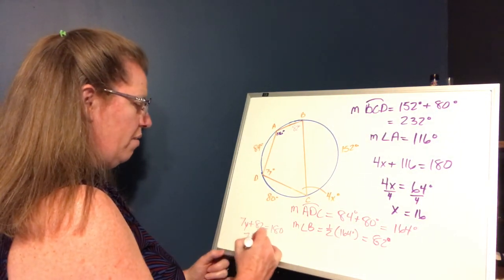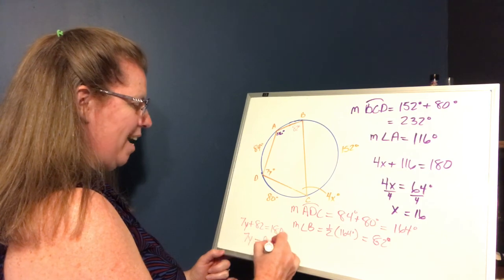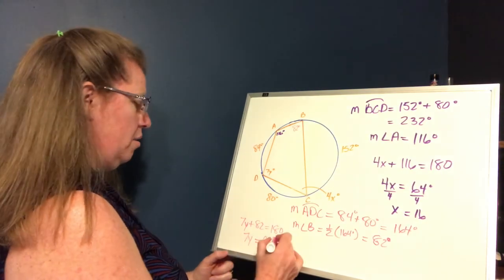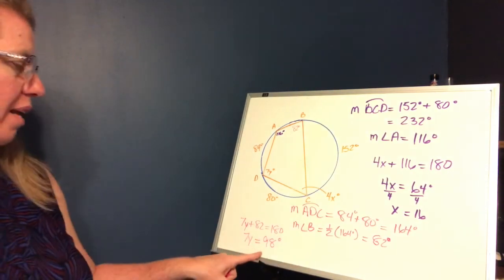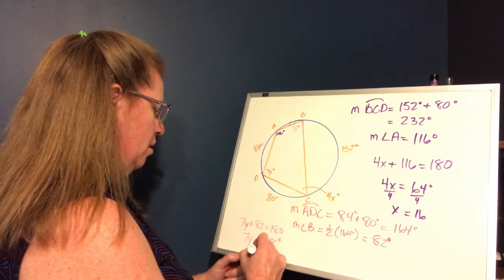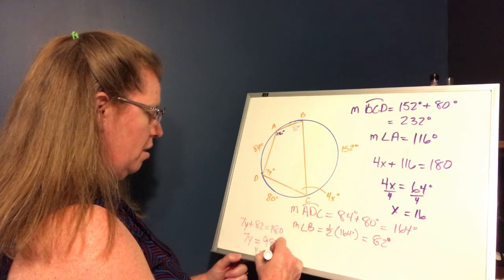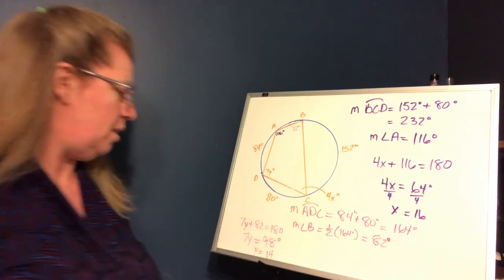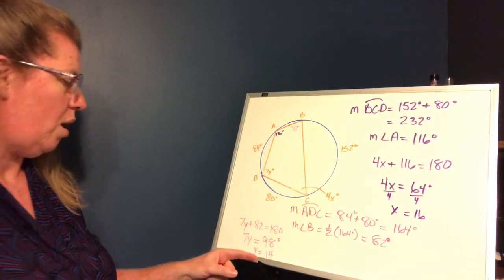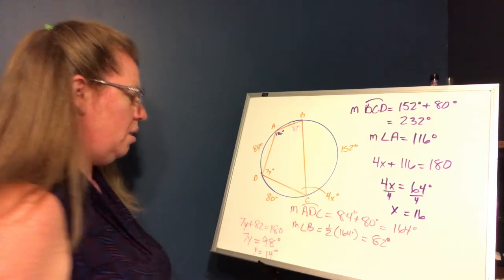We wind up with 7y equals 98 degrees. And we divide this by 7. That goes in there 14 times. And y equals 14 degrees.